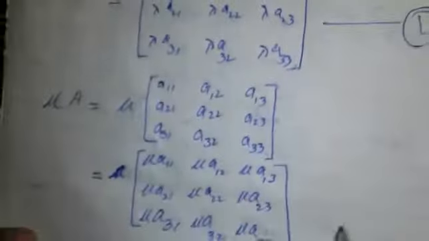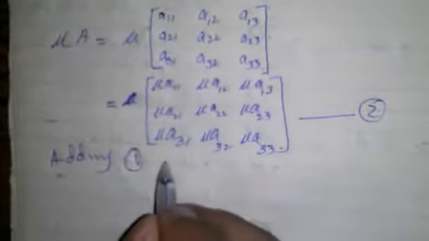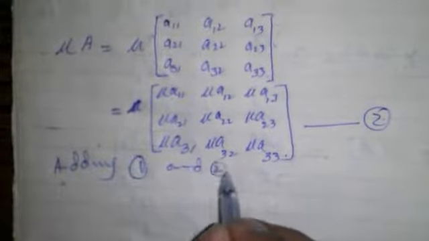We have this here as set number 1 and set number 2. Now we are adding number 1 and number 2.